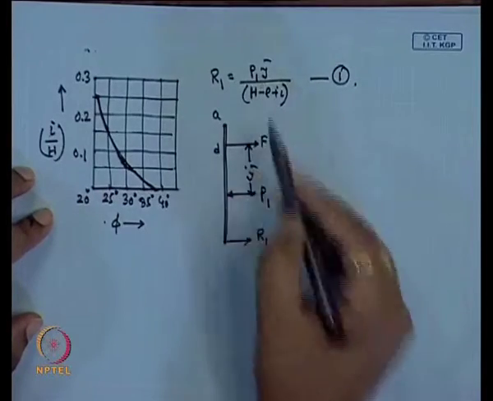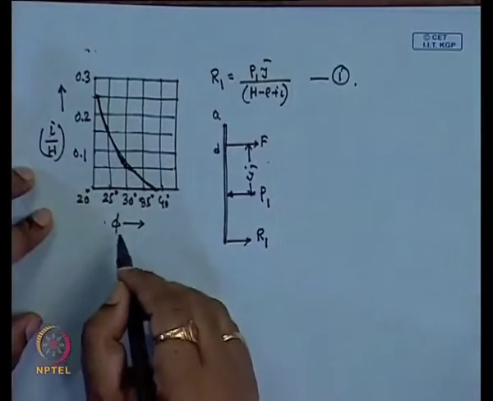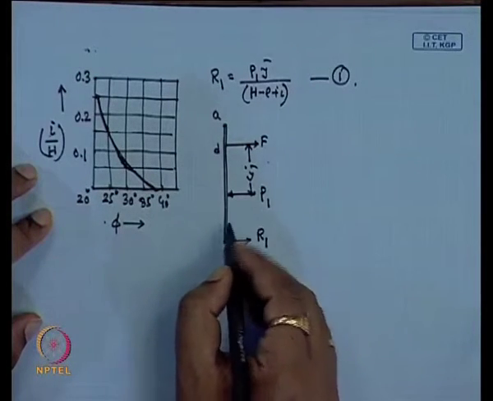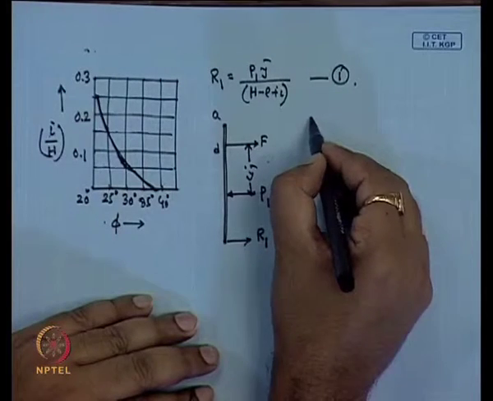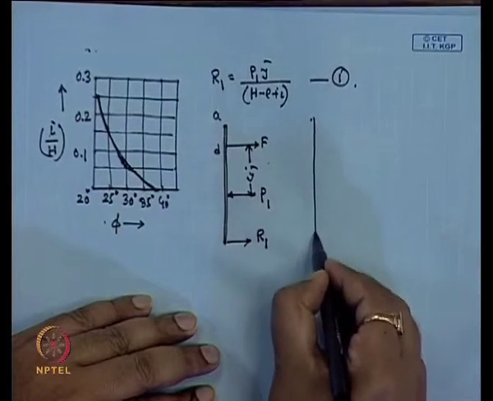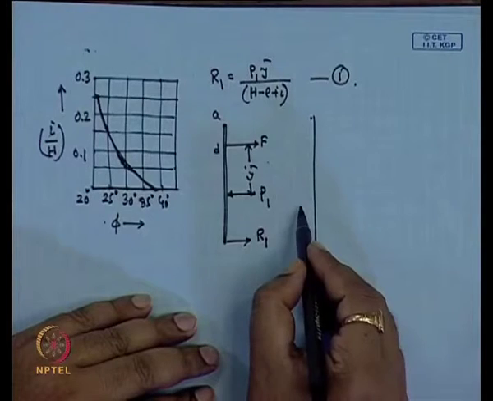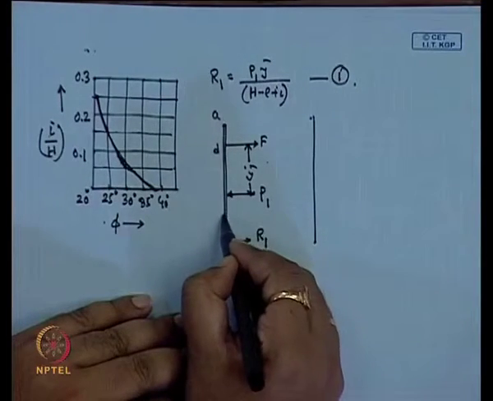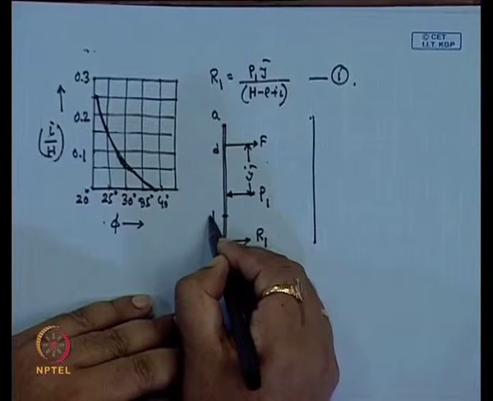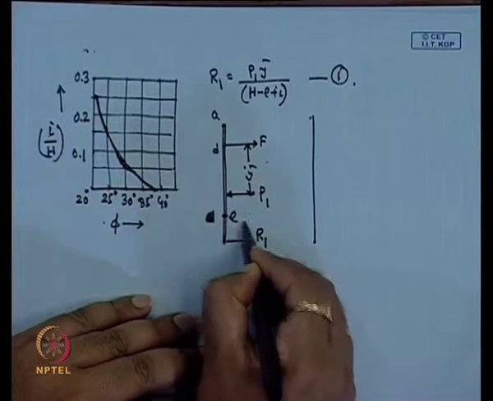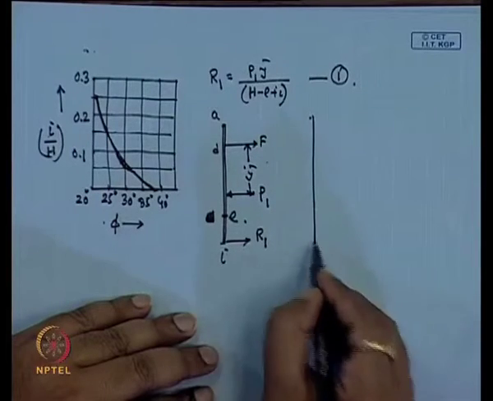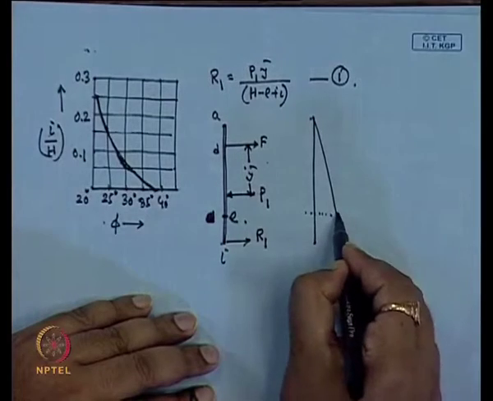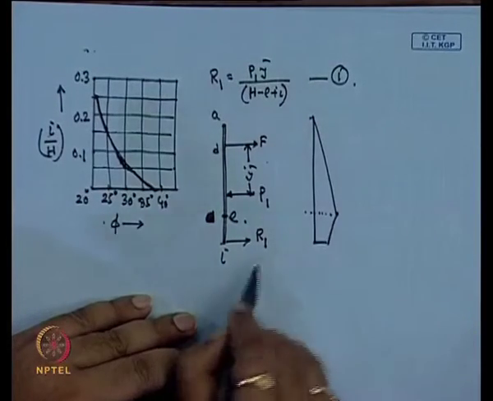From this expression we will get R 1, P 1 is known, and we will get the distribution now. Similarly, if I draw the pressure distribution diagram of this beam 1, this is D, E point is this one and this is I point. So, at E point, this is the diagram.